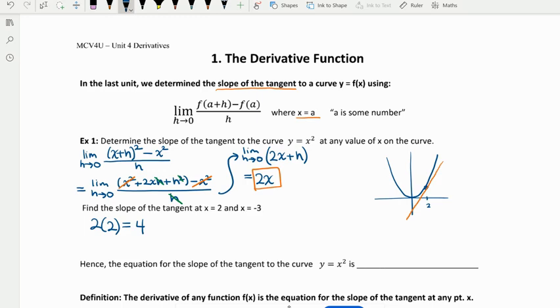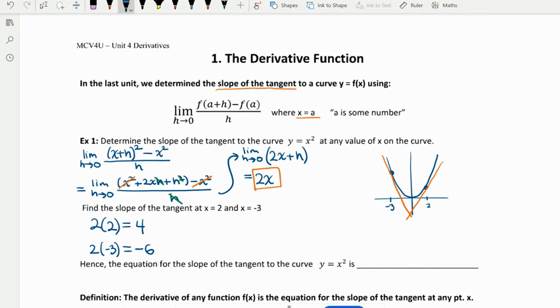What about when x is negative 3? Well, let's plug it in. 2 times negative 3 is negative 6. So if I find negative 3 somewhere around here, let's say, and if I drew a tangent line for my point negative 3, what's the slope of this tangent line?